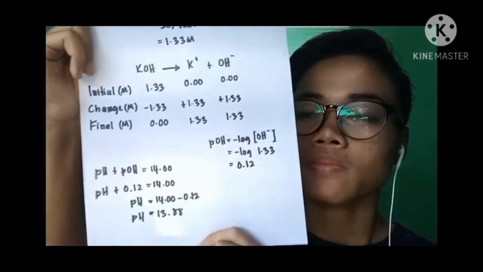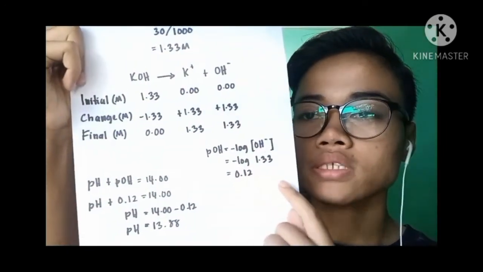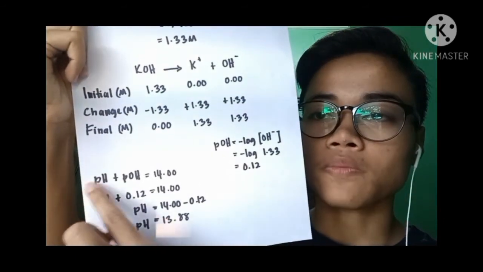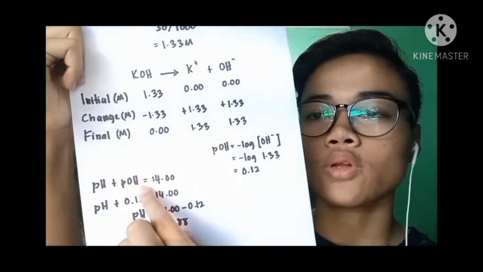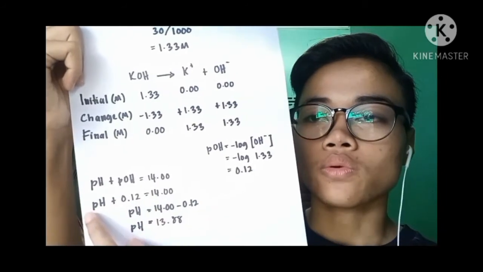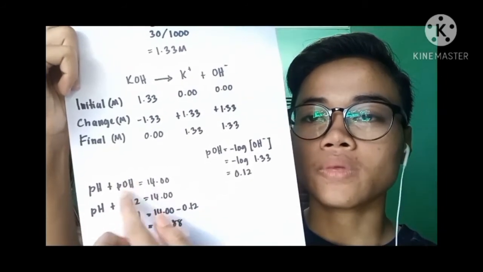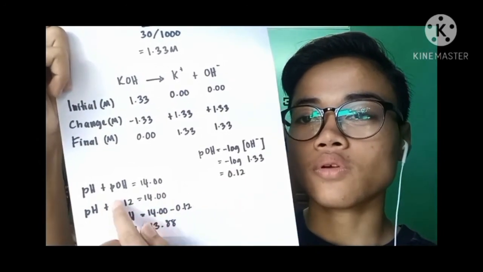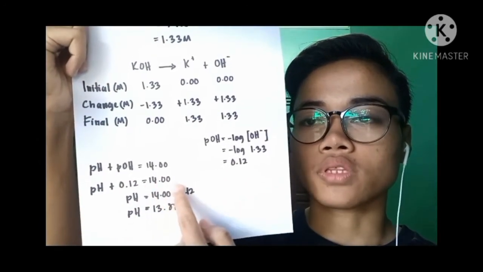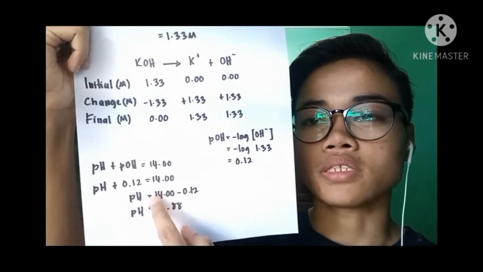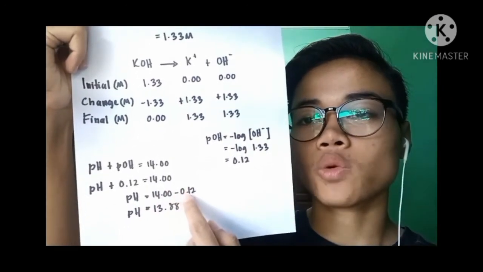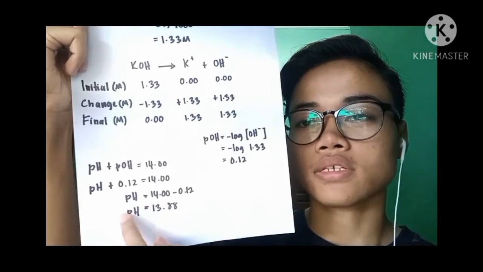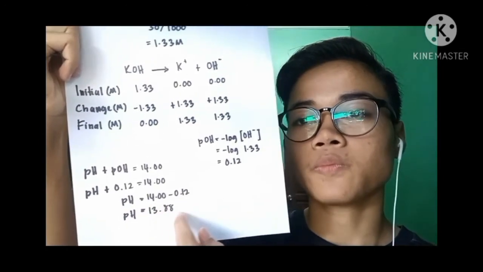And the last step, after we calculate the pOH, we write this equation, pH plus pOH is equal to 14. So pH plus, we insert the value of pOH we just calculated, 0.12, is equal to 14. So pH is equal to 14 minus 0.12, and the last answer we will get is 13.88, the pH of potassium hydroxide. So that's all from me.